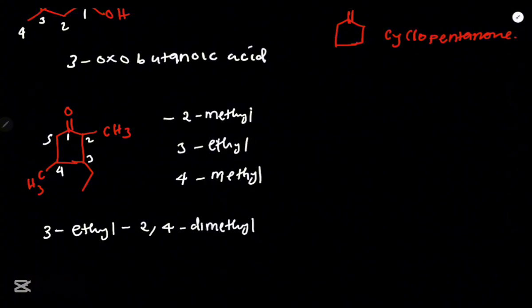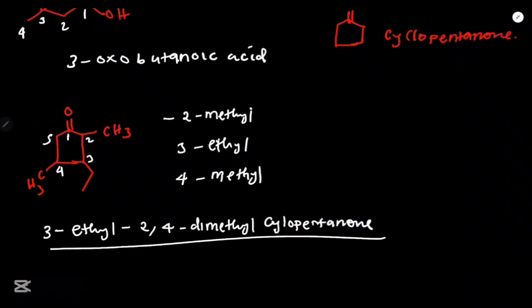What's the parent name? Since it has 5 carbons and it's a ring, it will be called cyclopentanone. That's the name of this molecule.